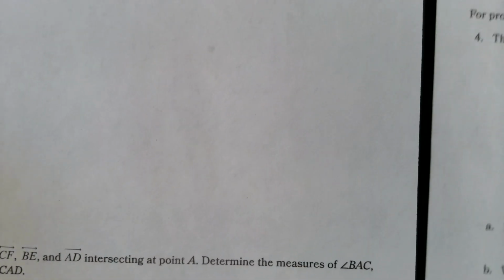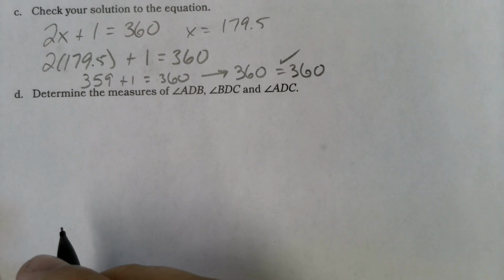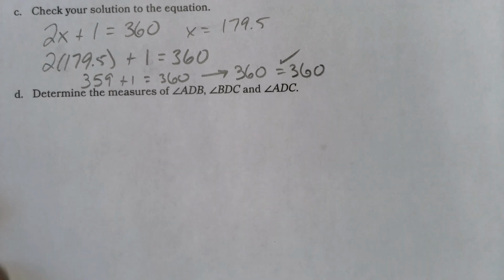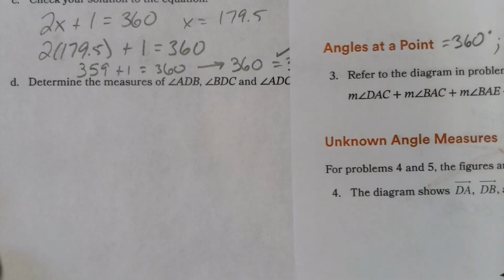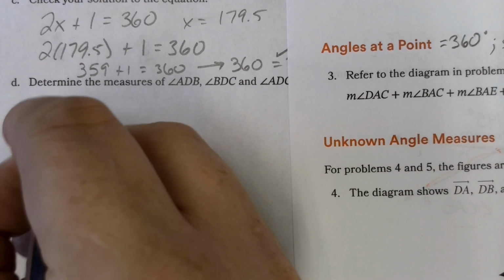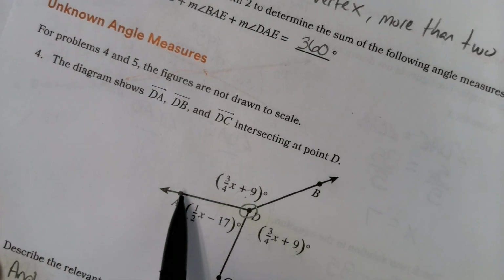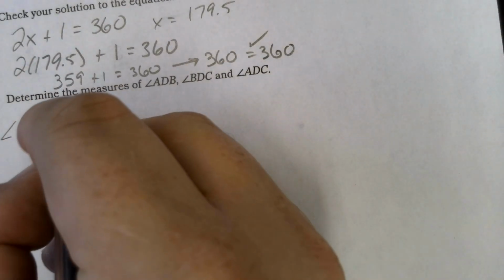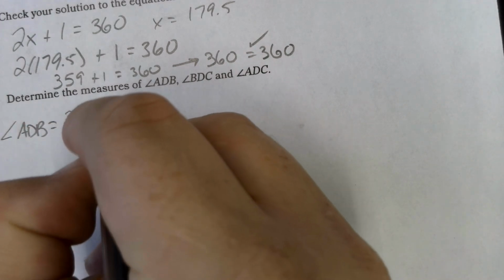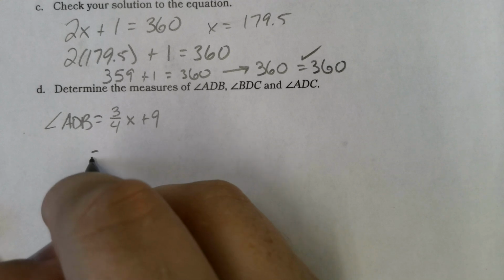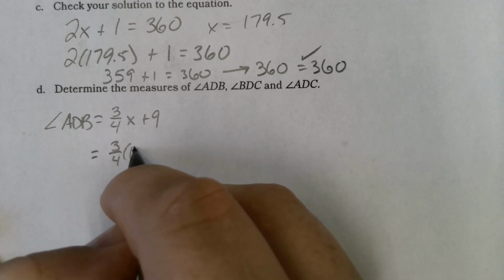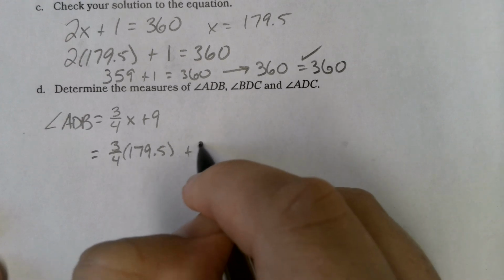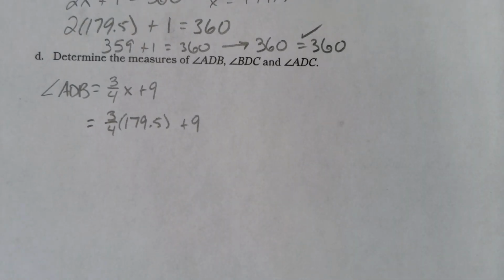Determine the measurements for angles ABD, BDC, and ADC. Let's start with ADB. Angle ADB, A to D to B, is 3/4 x plus 9. We're going to replace x with 179.5. Calculators are allowable here, so feel free to use one if you need to.